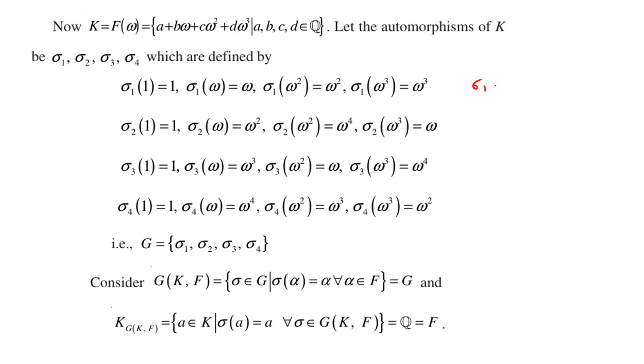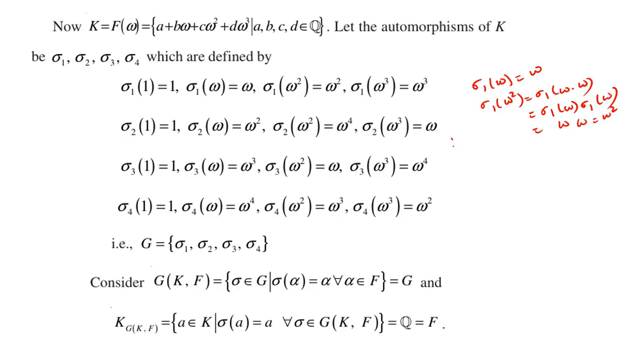You have sigma 1 omega to be omega. So how will you compute sigma 1 omega square? It is sigma 1 omega into omega, which is sigma 1 omega times sigma 1 omega. Sigma 1 of omega is omega, this is also omega, so it is omega squared.